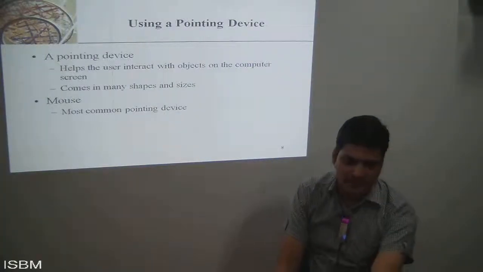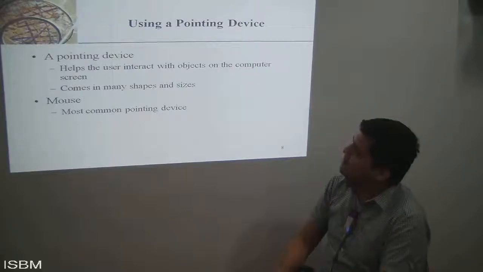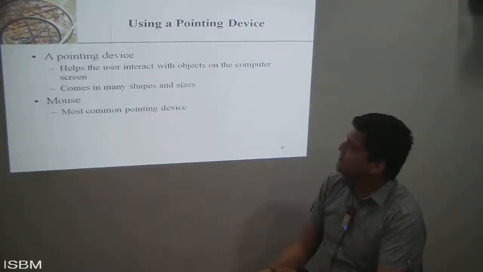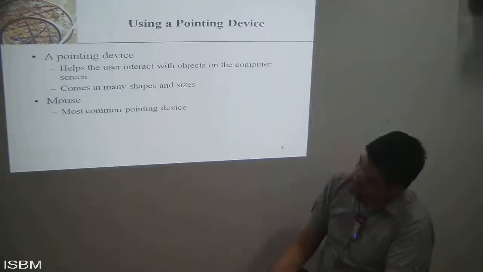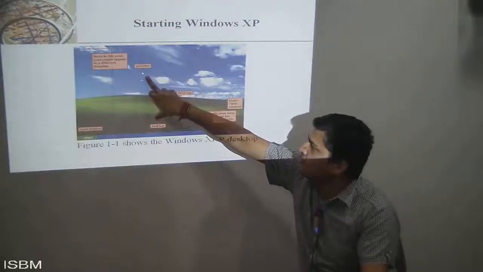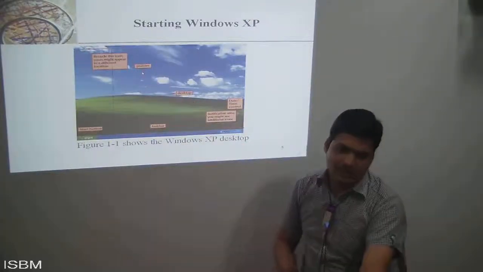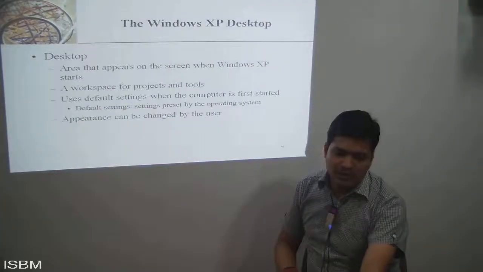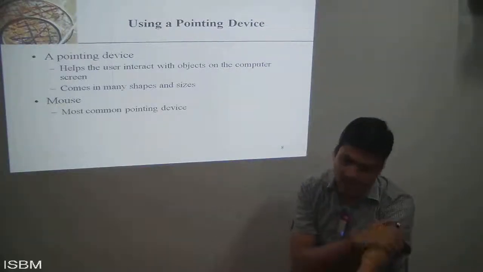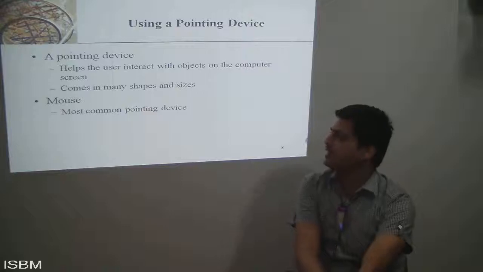The pointing device. The pointing device helps the user interact with the objects on the computer screen. It comes in many shapes and sizes. This is the pointer. The pointing device is nothing but a pointer. It helps you drag and drop something from one place to another, and helps the user interact with the object on the computer screen.